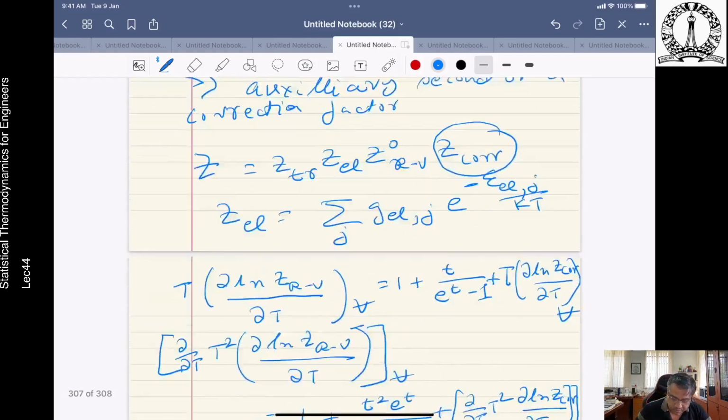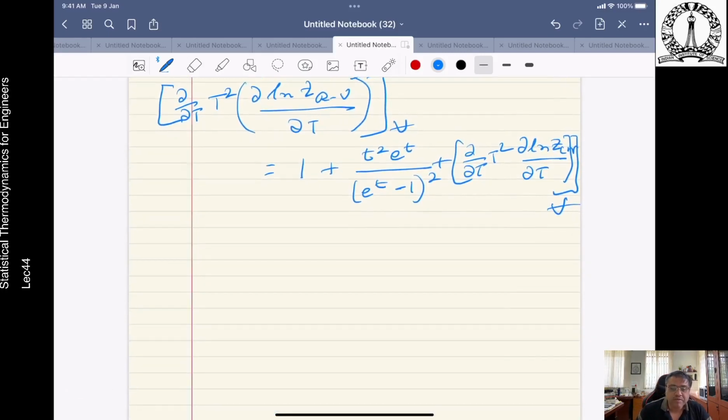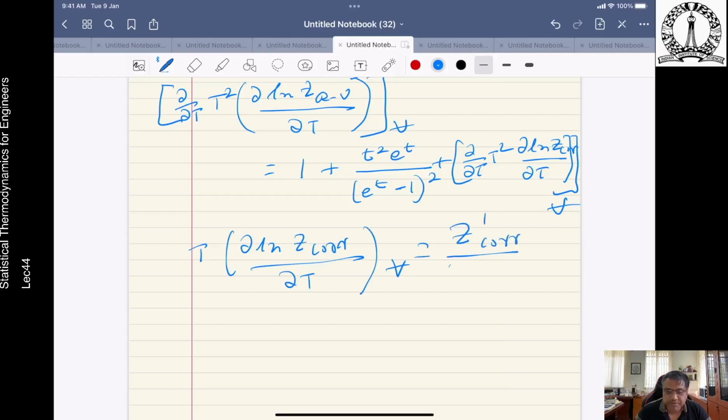Okay, so furthermore, we can write T d ln Z correction divided by dT at constant volume is equal to the first derivative divided by this correction. Okay, and in this way you can write all the other expansion terms also, okay, in this particular fashion. And just let me write down the correction term.